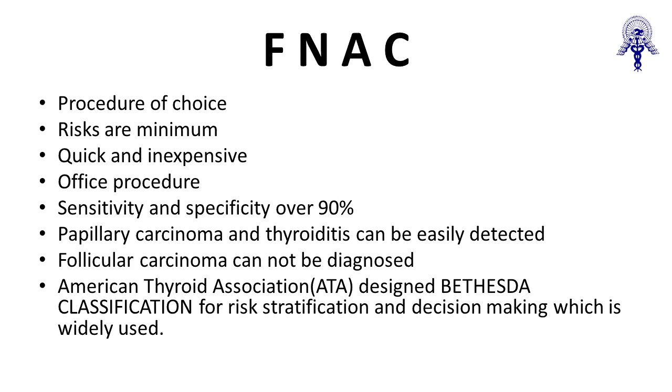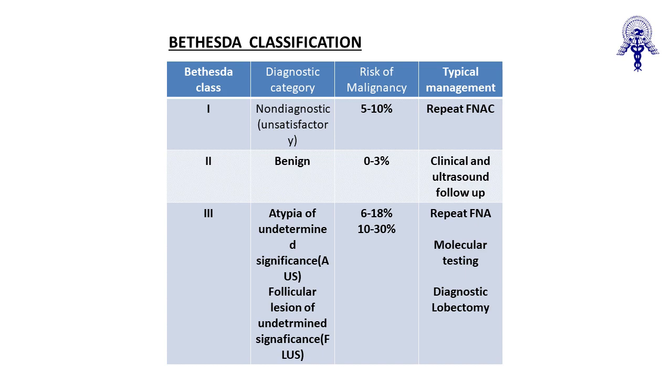You must interpret this Bethesda score. And secondly, follicular carcinoma cannot be diagnosed, again for the same reason, that it cannot demonstrate vascular invasion. But for papillary carcinoma, the sensitivity is almost 90%, almost 100%. So this is the Bethesda classification.